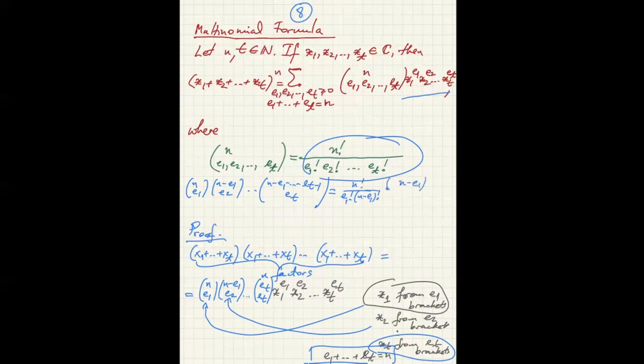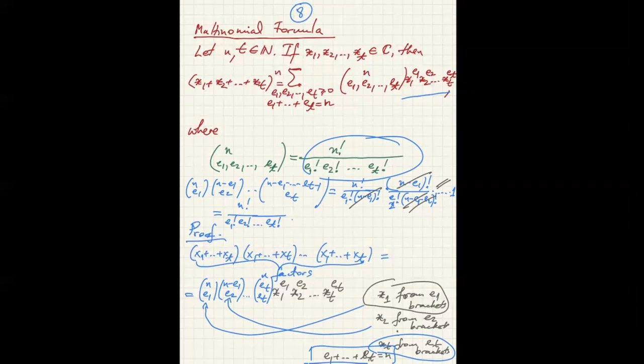Then it's n minus e1 factorial divided by e2 factorial times n minus e1 minus e2 factorial. At the end, the last one is 1. And what's going to happen is that these factors are going to cancel out this way. So that one is gone. This one is going to be gone with the 1 over there, and so on. And so the result is going to be n factorial over e1 factorial, e2 factorial, ..., et factorial. Okay, so that's the multinomial formula.